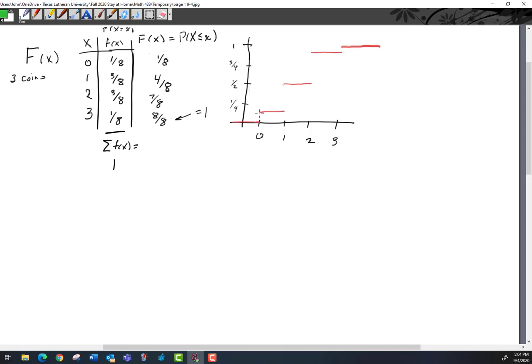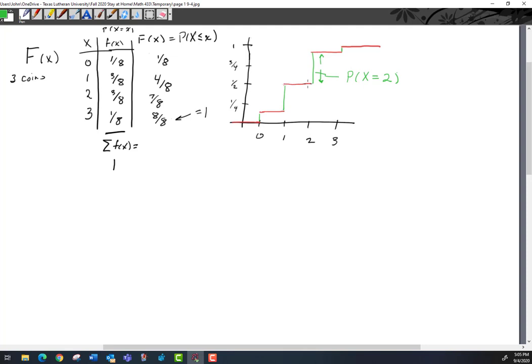Color is such a beautiful thing. I'm going to fill in these verticals because I want you to observe something here, and it's a little easier if we've got these vertical lines. This vertical line right here is the probability that x is equal to 2. That is, the length of that green line right here is the probability x is equal to 2.